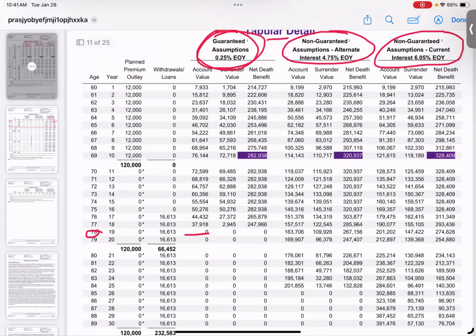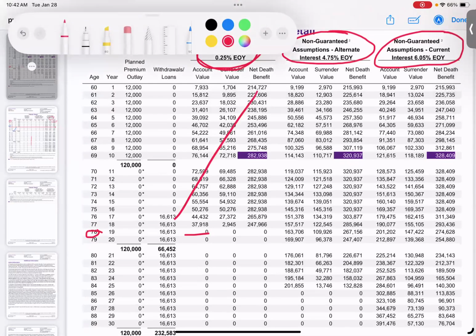So this means if we didn't get anything back from the market, if it was just a total, like The Walking Dead, and we didn't get anything back from the market, your money still wouldn't run out in this IUL because it's so high performing, probably until age 78 or 79.